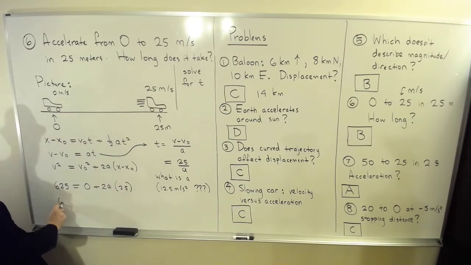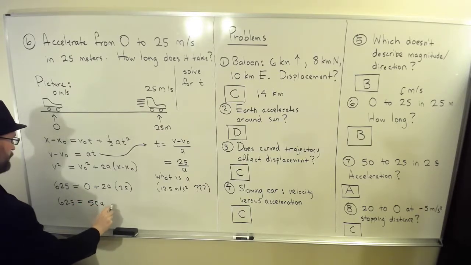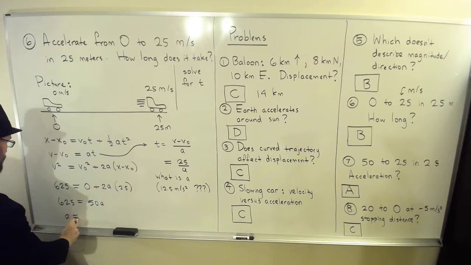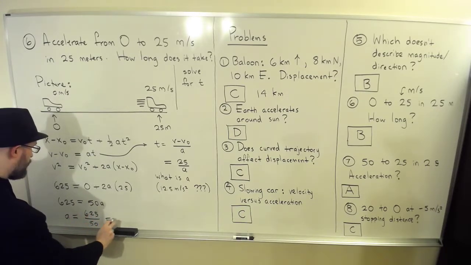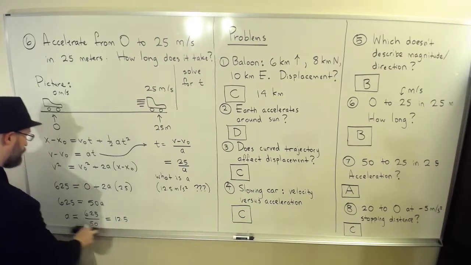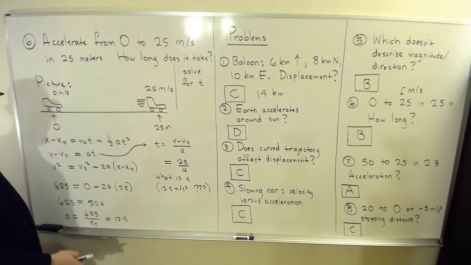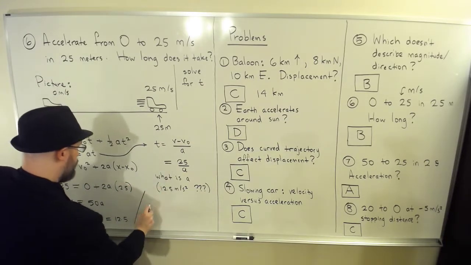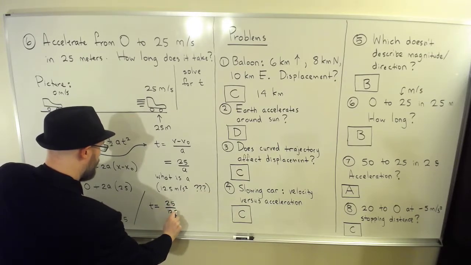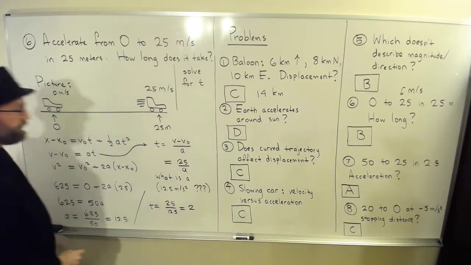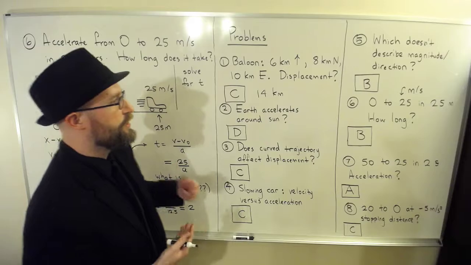And so this boils down to 625 equals 50a. Or you could say a is 625 over 50, and that's 12.5. And then I fudge in the units, meters per second squared, which is what I wanted here. That would allow me to conclude that t is 25 over 12.5, which is equal to 2.